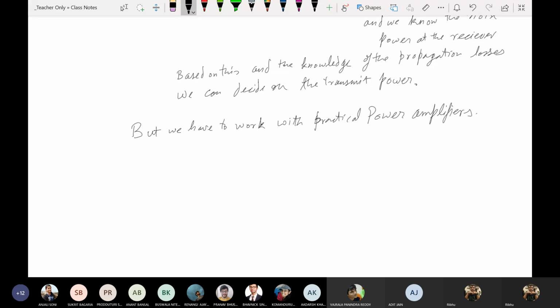if I talk about a regular amplifier, say you have the voltage divider bias, the most stable one, right?